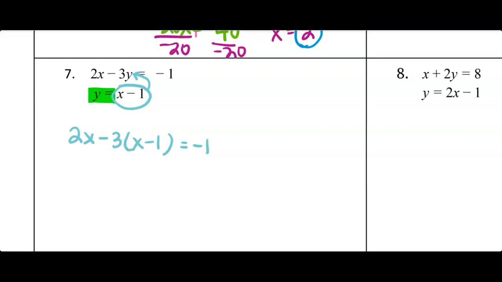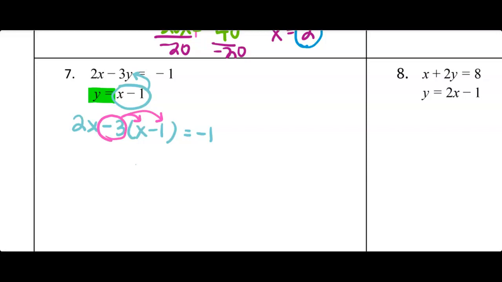Again, make sure that you have one variable left in that equation, which we do. There's just x's. So we can go ahead and distribute our negative 3 into the parentheses. So that's 2x minus 3x plus 3 equal to negative 1.